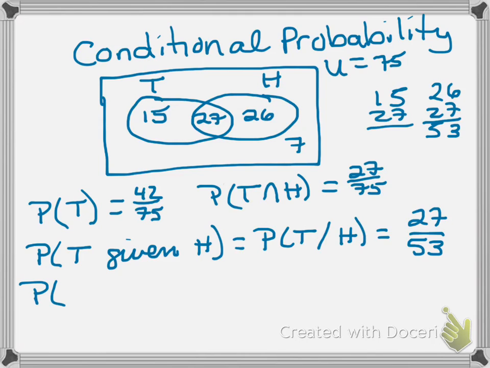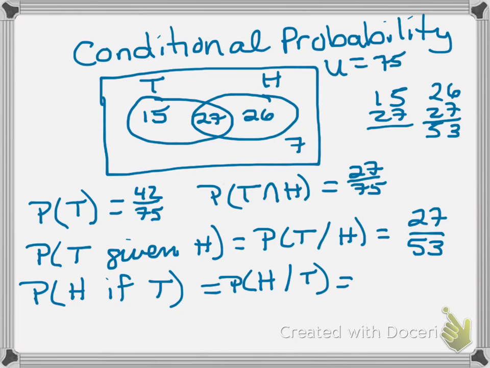What is the probability that we have hockey if somebody plays tennis? So the key words for conditional probability are given and if. Whatever is after the word given, whatever is after the word if, that's my new population. So this is the probability that somebody plays hockey if they played tennis.